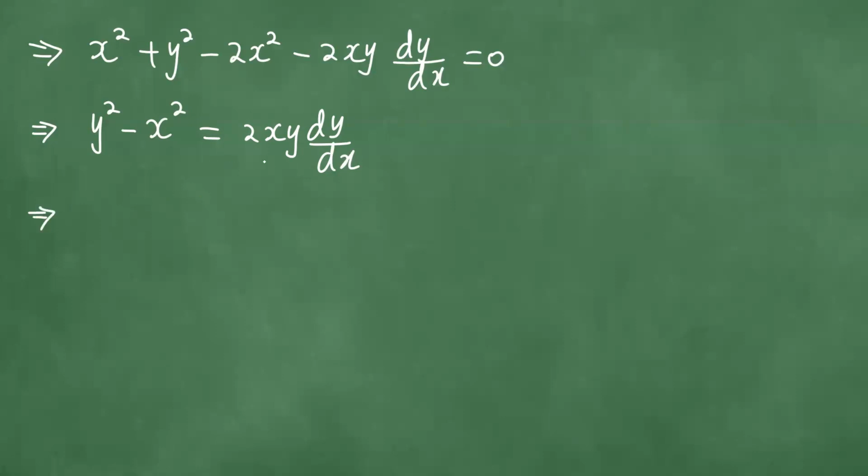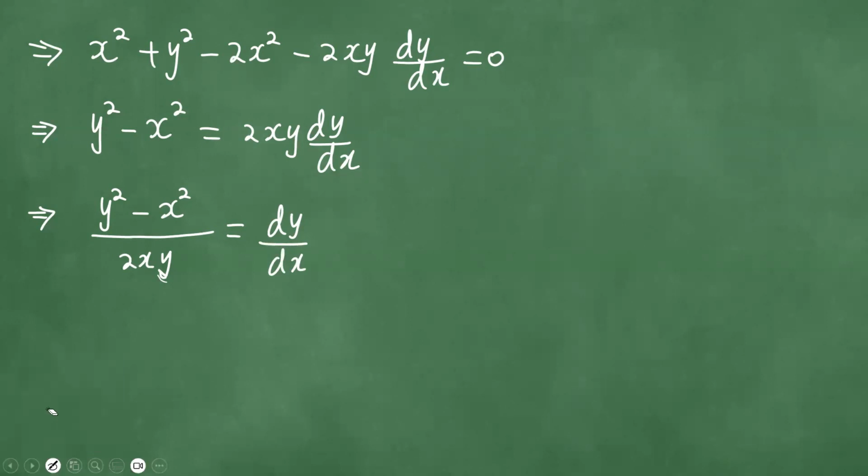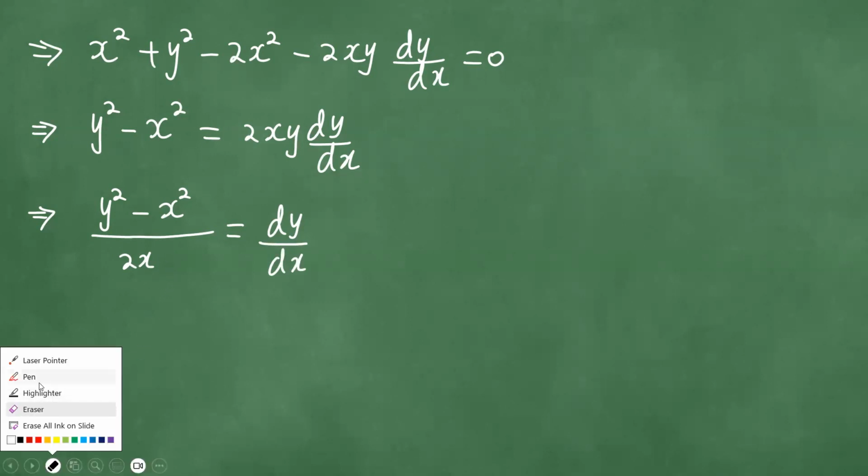Divide both sides by 2xy, and we have y squared minus x squared all divided by twice xy, and this is dy/dx. That is exactly what we're getting.